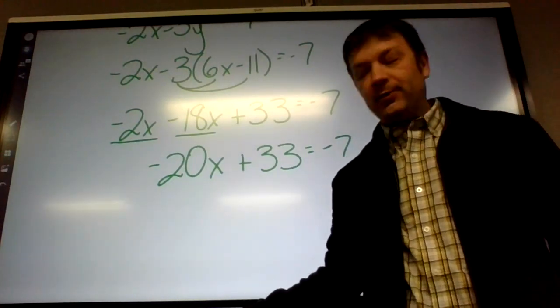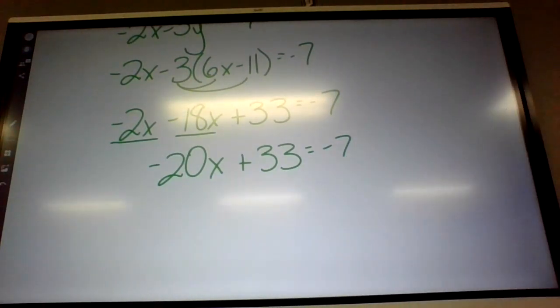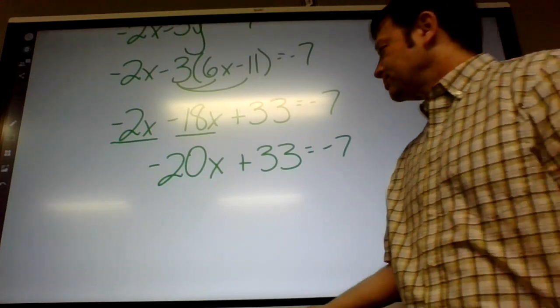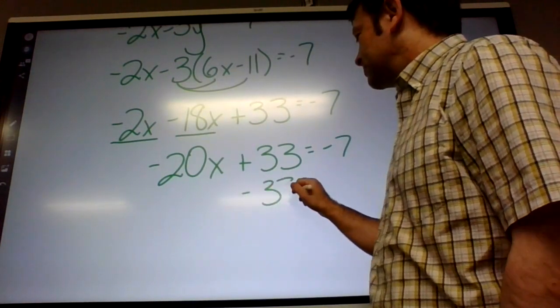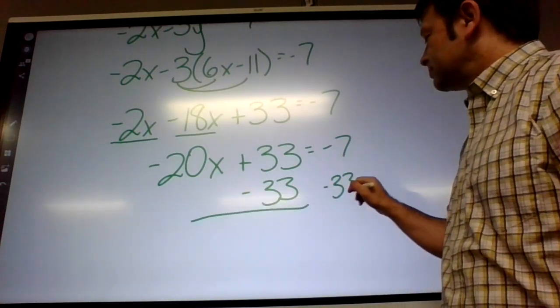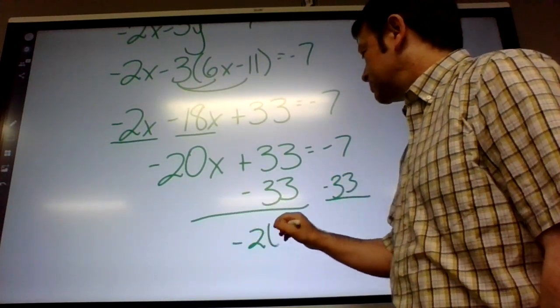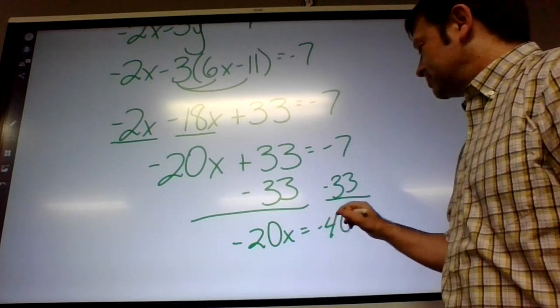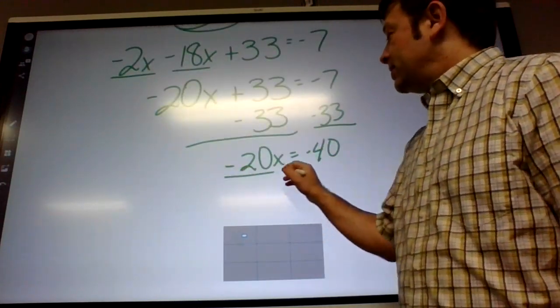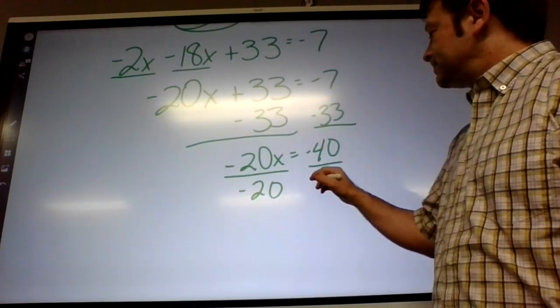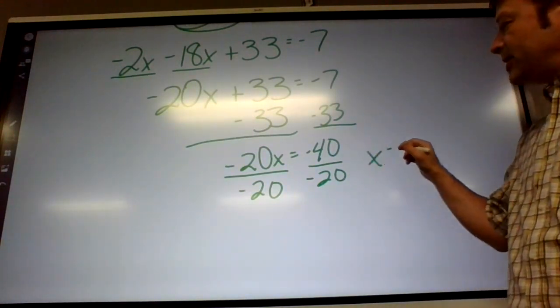Okay, now it's a normal problem, right? So divide by negative 20, and we get x is 2.